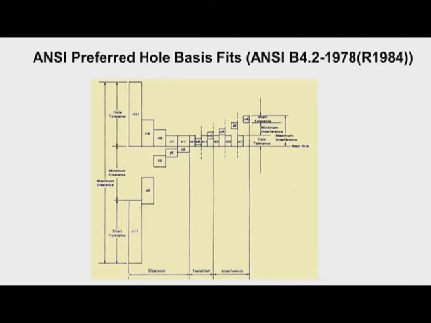Similarly, we have the preferred shafts here, C11 and then D9, F7, G6, H6. You can see here again we have the basic shaft, wherein the deviation is 0. Now if we take the H11 C11 combination, you can see that there is a large clearance here.